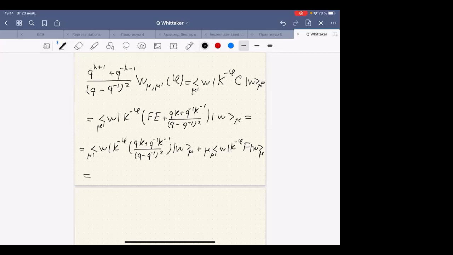Now I want to move F to the left. To do it, I use commutation relations between K and F, and then I will obtain, let me see, I rewrite the first expression.